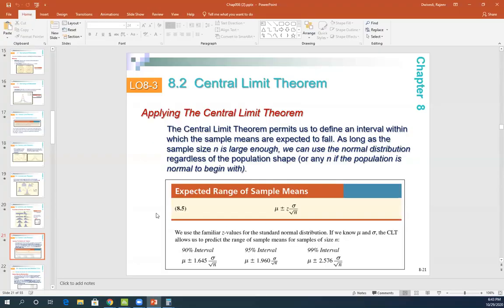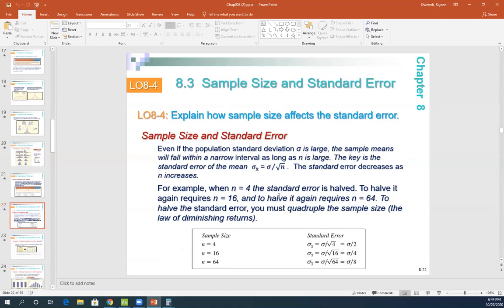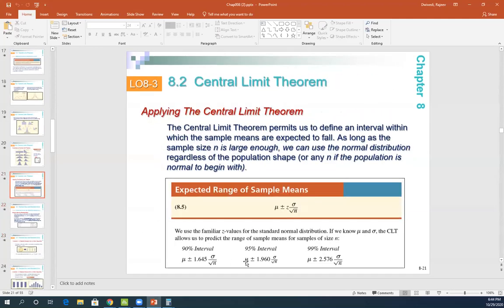So this is the expected range of sample means with 90%, 95%, 99% intervals. So mu, the population mean, plus or minus 2.576, or whatever the number is for 90%, times sigma divided by square root of n.